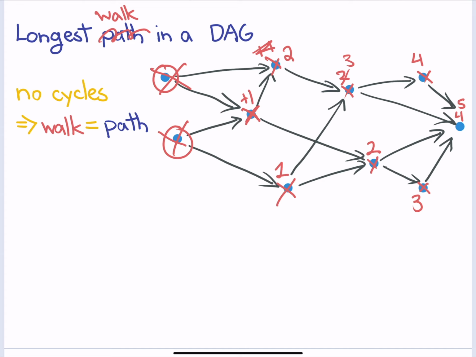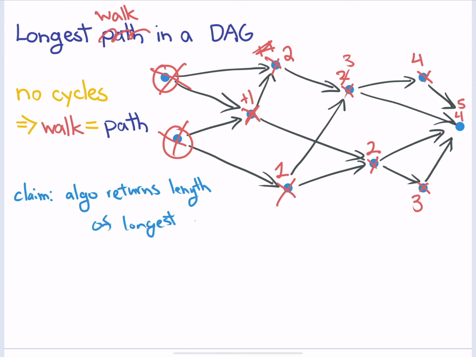Suppose we did, okay, so the claim is that the algo returns the length of the longest path. I mean, that's what we want to prove. Suppose you want to prove this by contradiction, right? Okay.